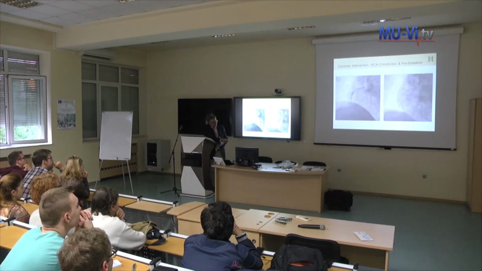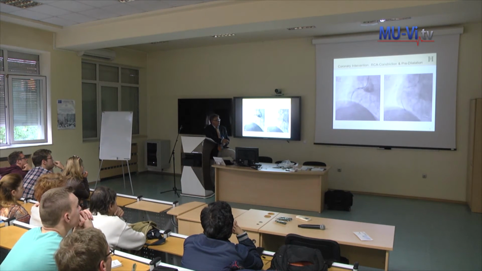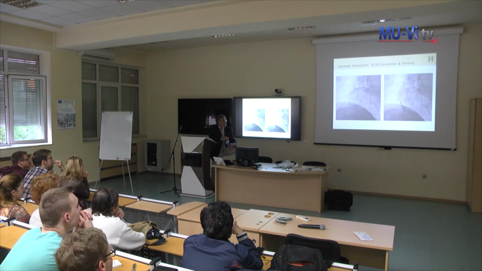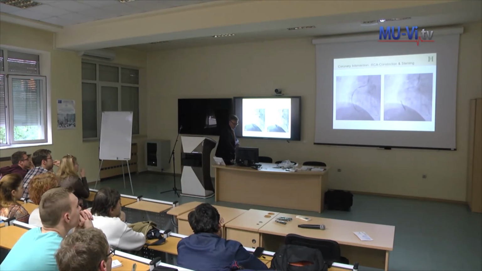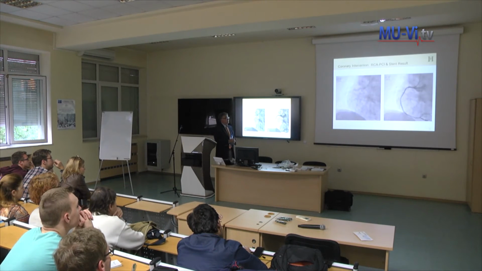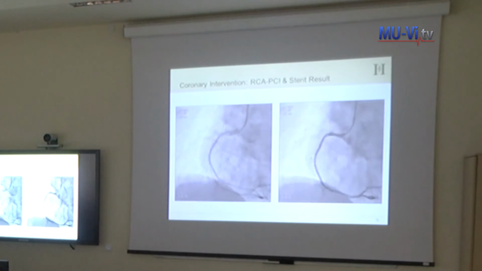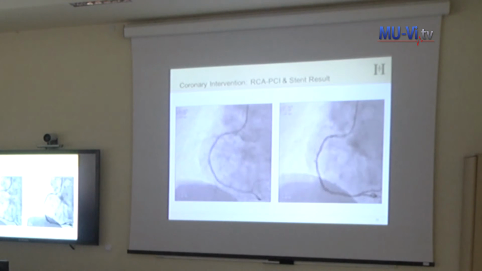We inflate contrast and sodium chloride and make a pre-dilatation. Afterwards, we bring the stent balloon in position. We inflate the stent balloon, and this is the result after ballooning and stenting the RCA stenosis.